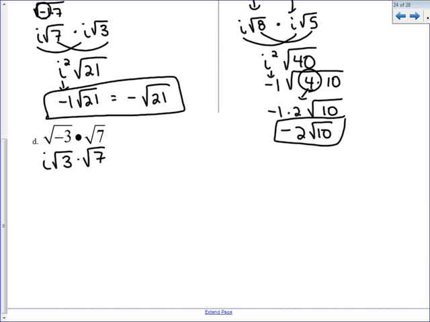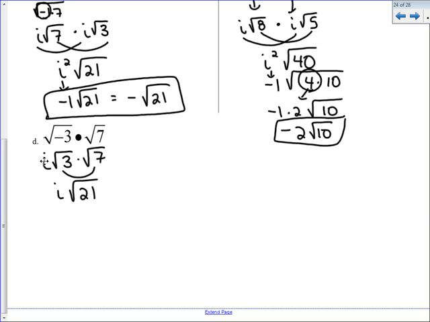And now that everything's real, we can use our product rule. We've just got to take those i's out first. So what can I multiply together here? Yeah, the square root of 3 times the square root of 7, which is good. I'm seeing everyone put their square roots around these answers. I bring down the i, and then the last decision is always, do I have anything else I can simplify?